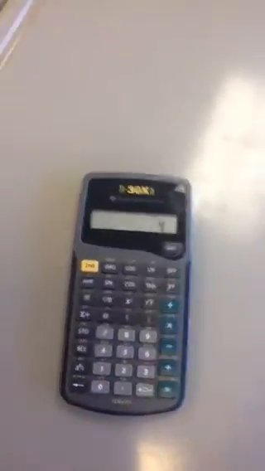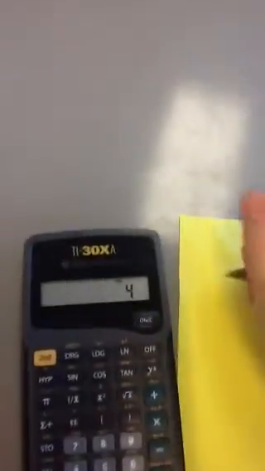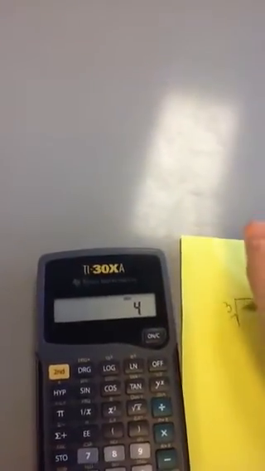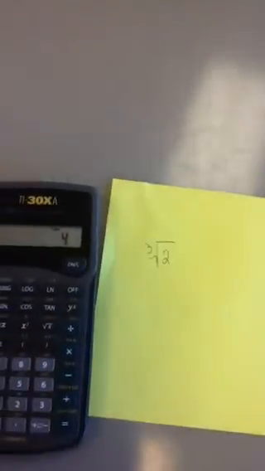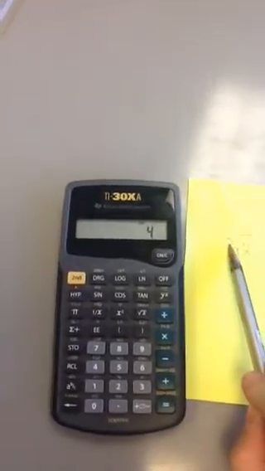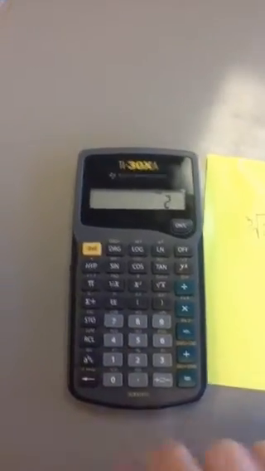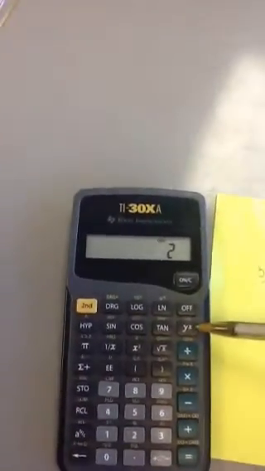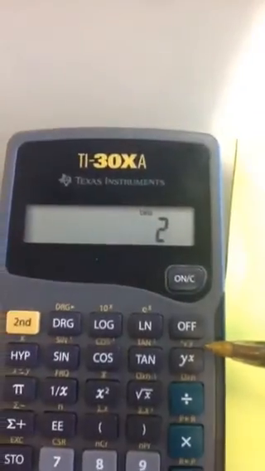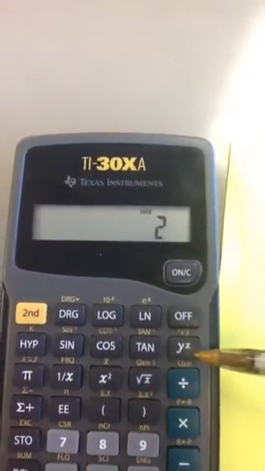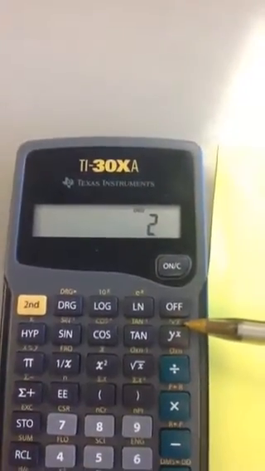Now, if I need to know something other than a square root button, so let's say it has a little 3 there, so maybe it might look like this. That means cube root. So instead of squaring, you need the cube root. So if I had to find the cube root of 2, what I would do is come to my calculator and hit 2, and then right above the Y^X button that I used a second ago, there's this button right here.